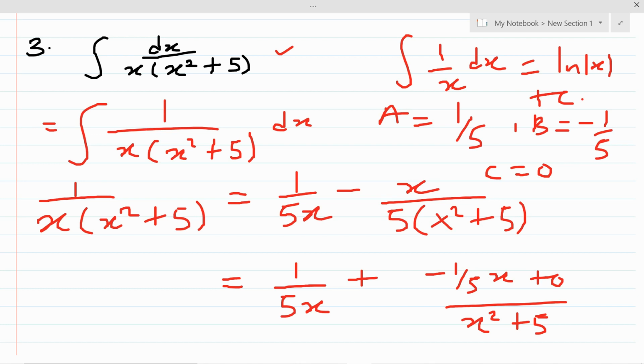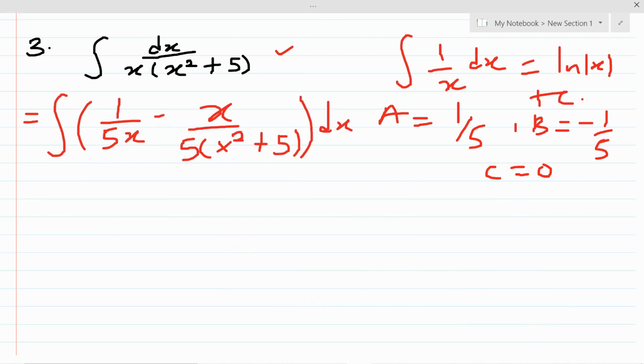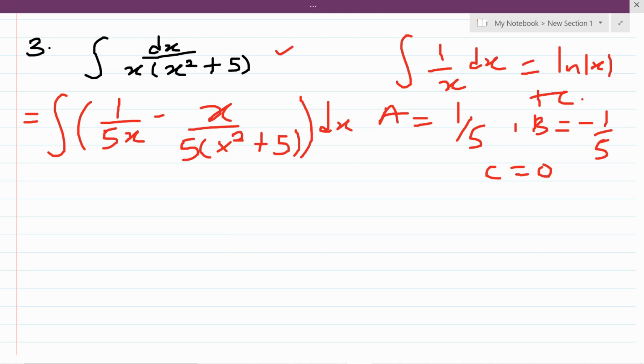So like I said, always try to make sure your basics are with you. So the whole of this integral has been transformed into this. Let's rewrite our integral again. Now the whole of this integral has transformed into 1 over 5x minus x over 5 into s squared plus 5.